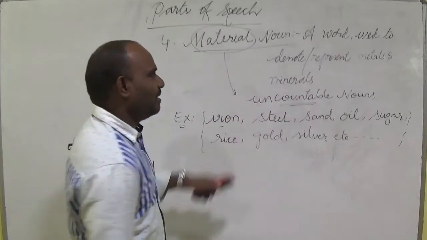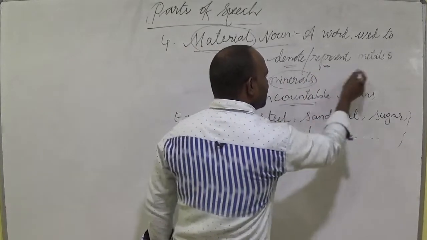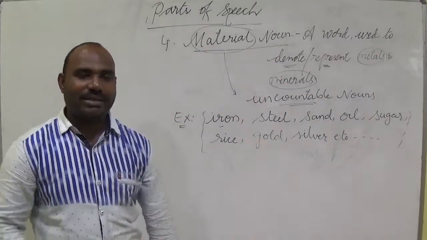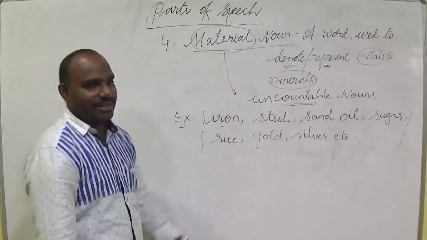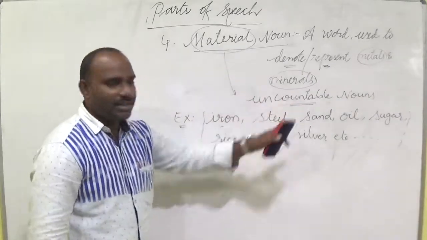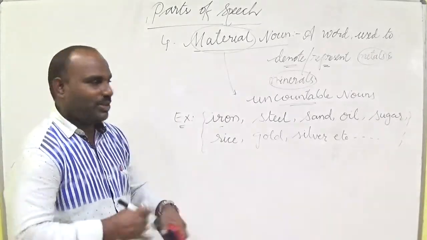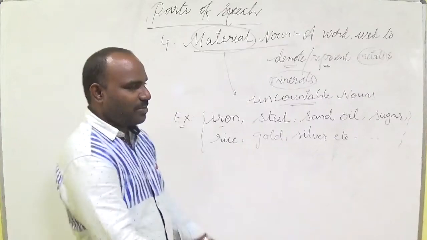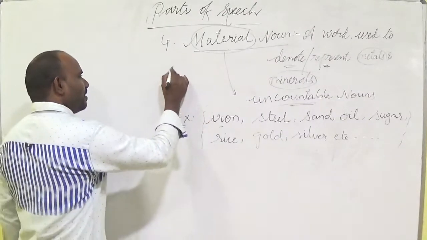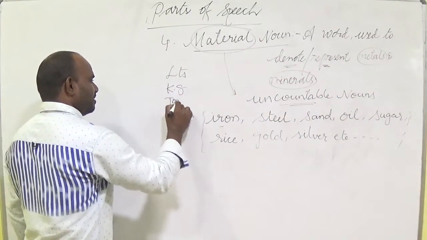A material noun is a word used to denote or represent minerals and metals. All minerals and metals are called material nouns. They cannot be counted, they are always uncountable nouns because they have a general measurement. They can be counted in liters, kilograms, tons.